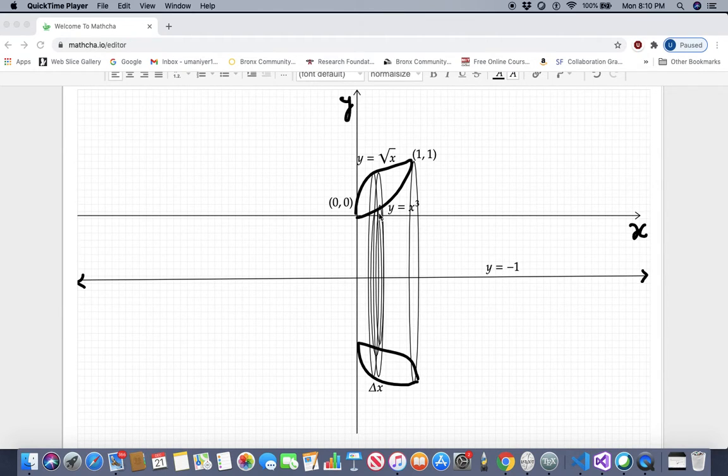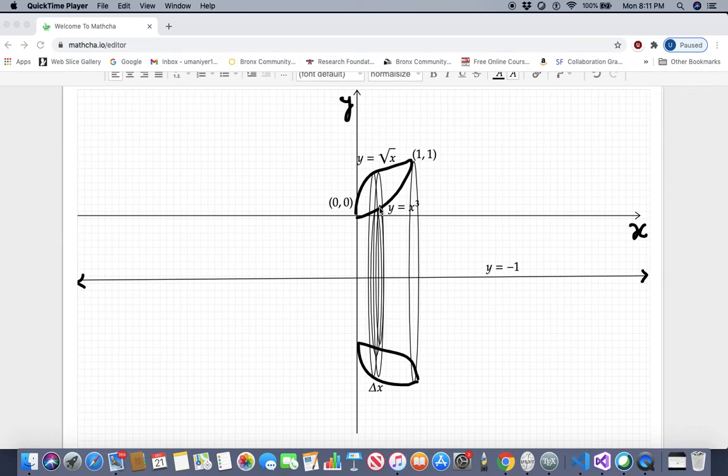So you have distance 1 plus the vertical distance, that is the y coordinate. But the y coordinate for this curve is square root x. That's the definition of that curve. So the entire radius of the outer circle is 1 plus square root x.